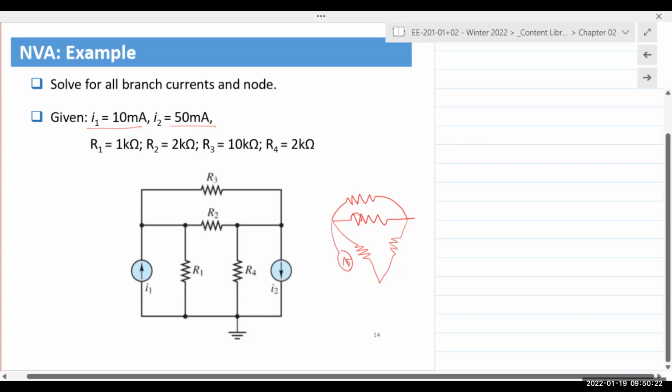Oh, going up. And this one's going down. Okay, so you can see there's only 3 nodes in the circuit.